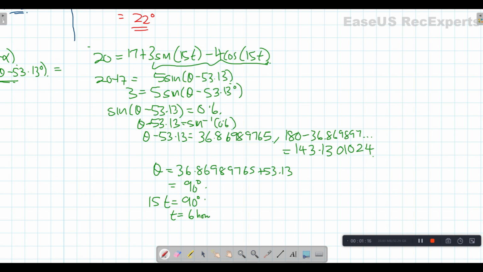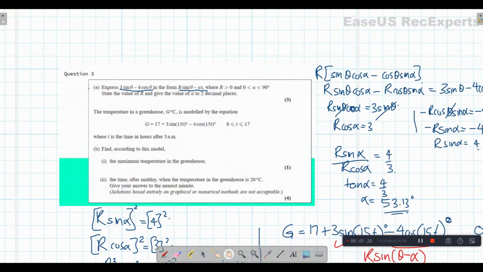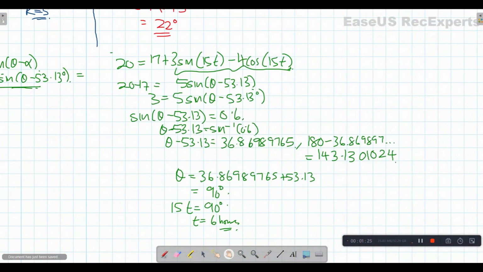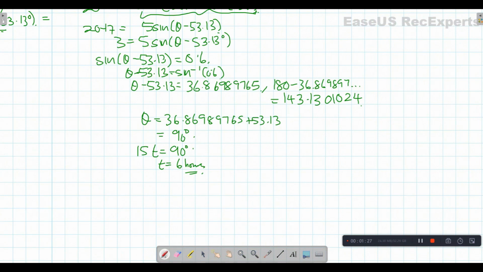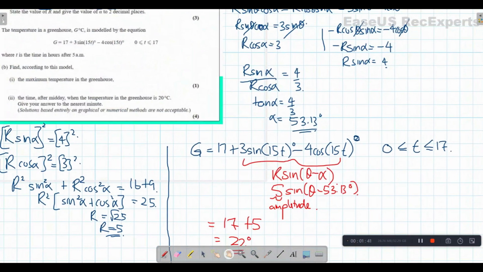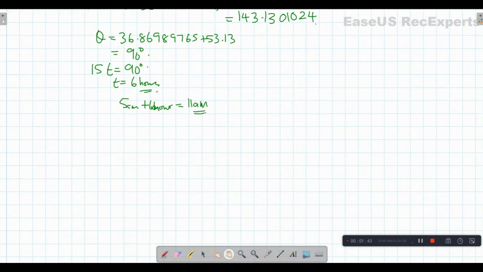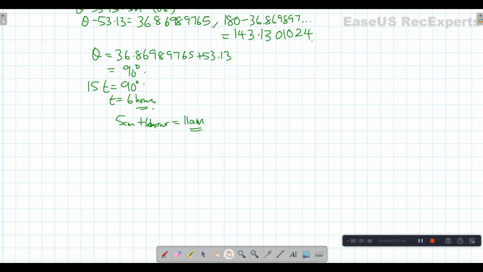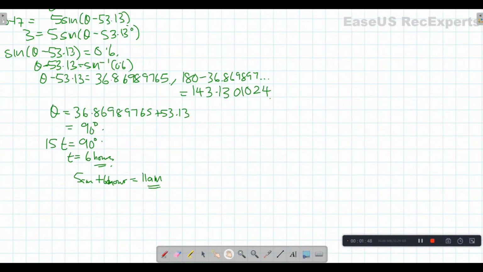So 6 hours. And if you look at the question, it tells you that t is the time in hours after 5 a.m. So 6 hours after 5 a.m. is 5 a.m. plus 6 hours, which gives you 11 a.m. So the first time the temperature is 20 degrees is at 11 a.m. But that's not the time we want. We want after midday. So we have to find the other angle.